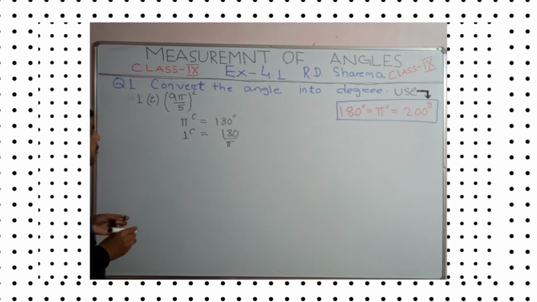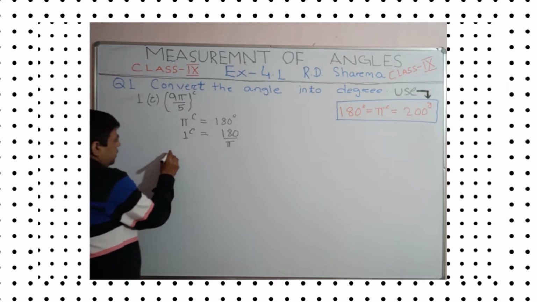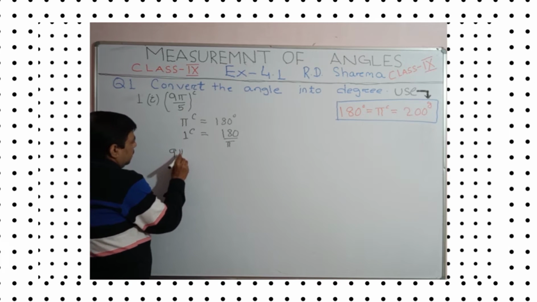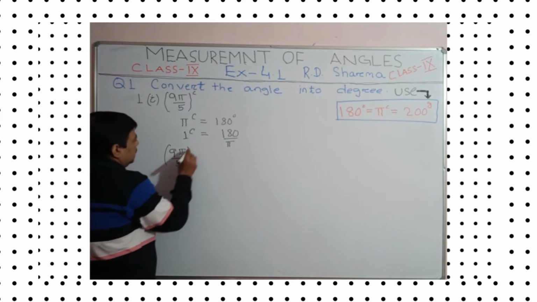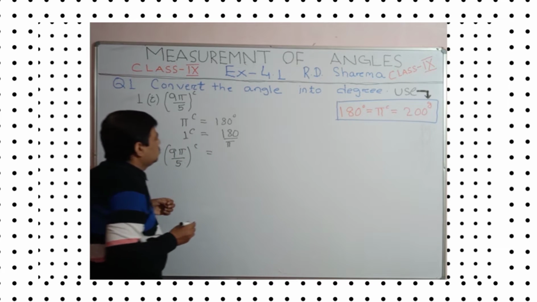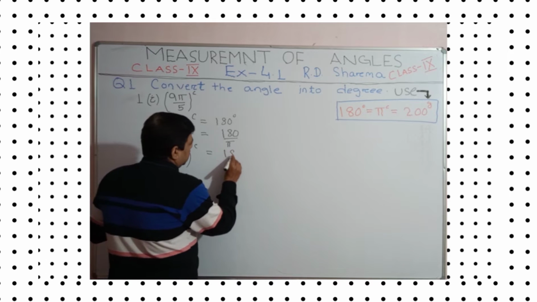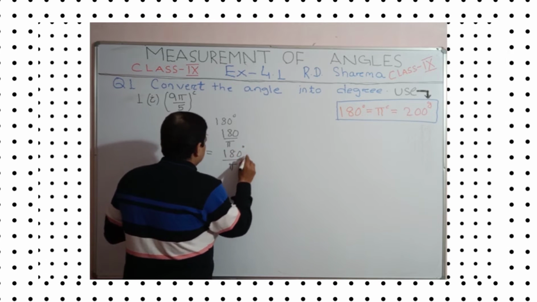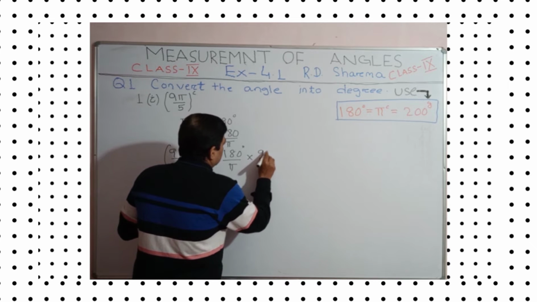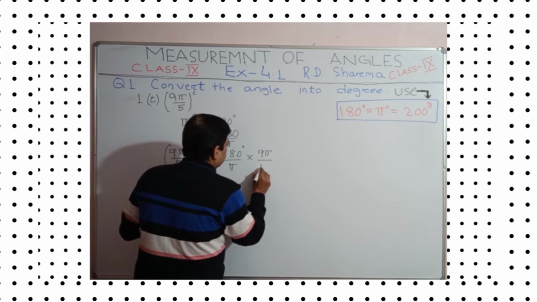Now the question is given 9 pi by 5 radian. 9 pi by 5 radian is equal to 180 degree by pi into 9 pi by 5.